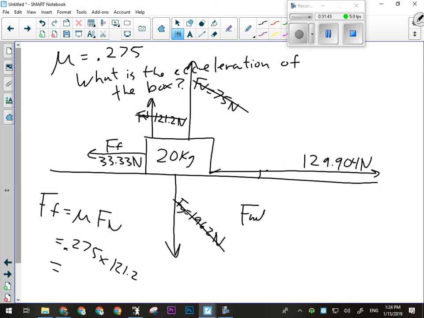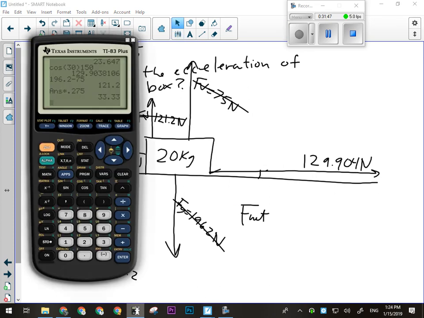All right, so F net will simply be 129.904 minus 33.33. Actually, 9038106, because I should keep all of my decimals, 33.33. All right, so we're looking at a net force of 96.57 newtons. I divide that by my mass, 20 kilograms.